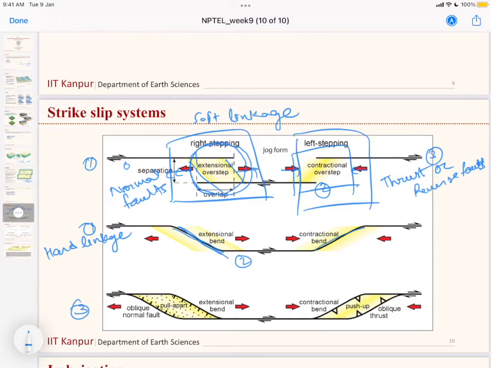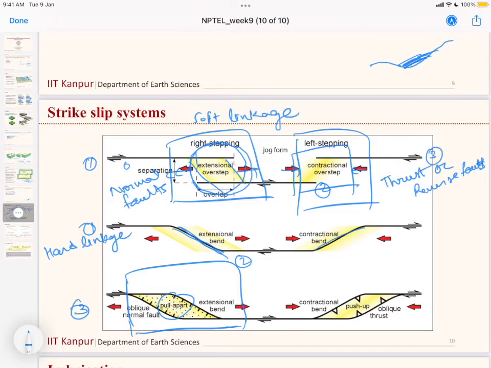In this portion we have already identified that an extensional environment is there. So in the extensional environment, when a pulling force is acting, the kind of formation that we see is the pull apart basin. And what is this pull apart basin? It looks like this, a normal basin system, where sedimentation can happen in this depression zone.